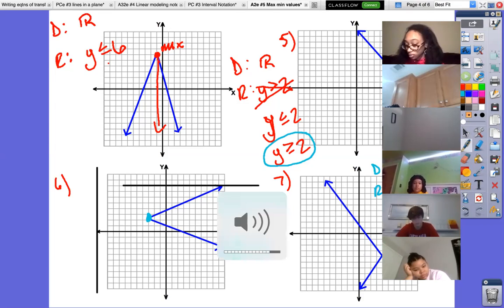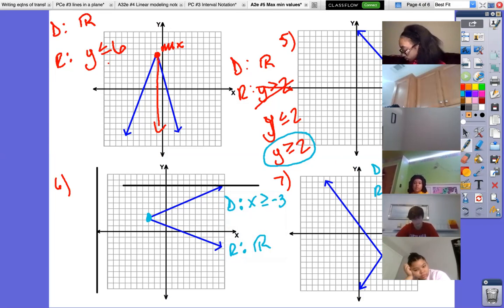I heard x is less than or equal to, and what number do you have here? -4. First of all, why did you say less than or equal to? What did you notice? Oh wait, not -4. Okay, there we go. It should be +4.